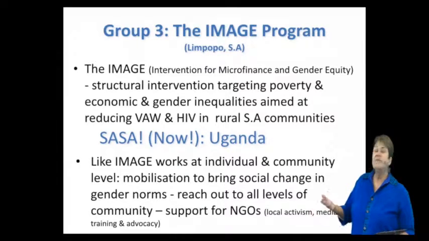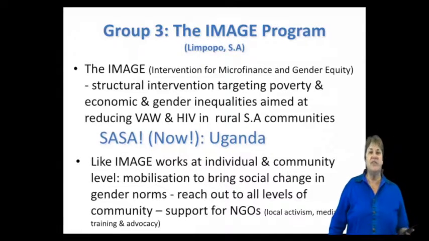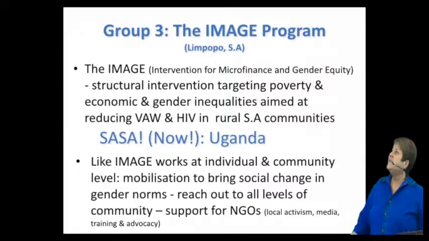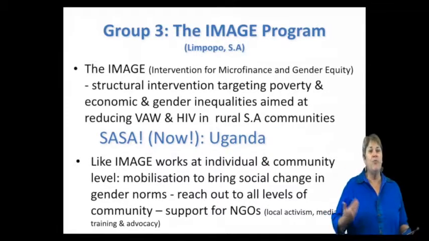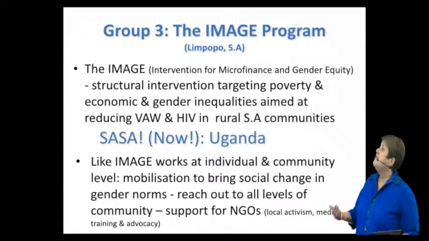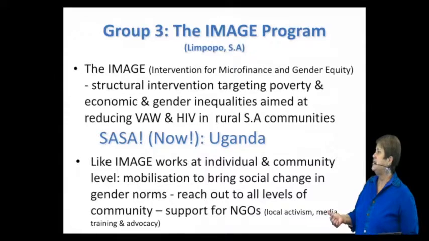In Uganda, there's something called SASA, which means now. And what it aims to do is it's a structural intervention that is aimed at economic and gender inequalities, believing that if you can empower women economically, you can reduce gender-based violence, violence against women, and HIV.